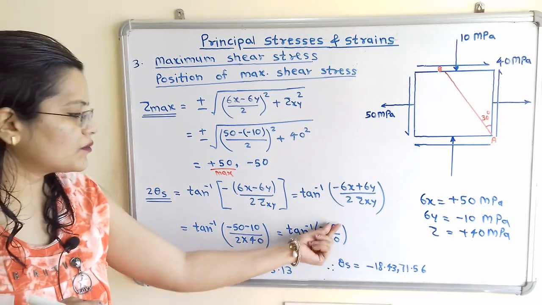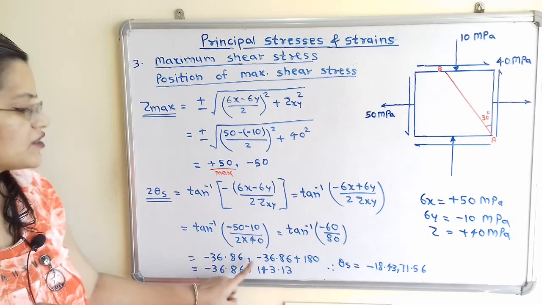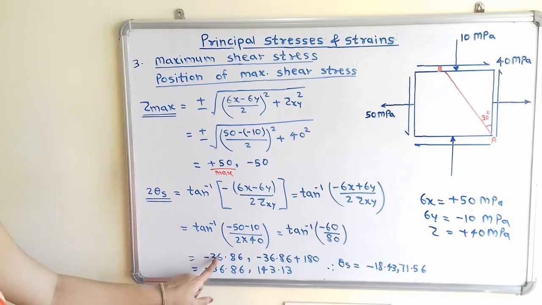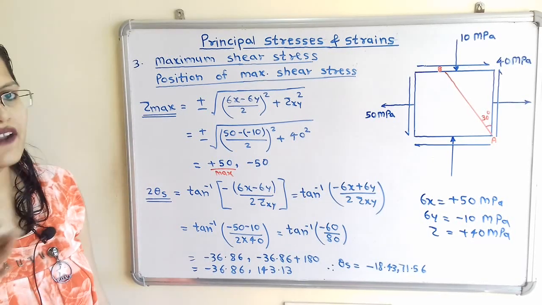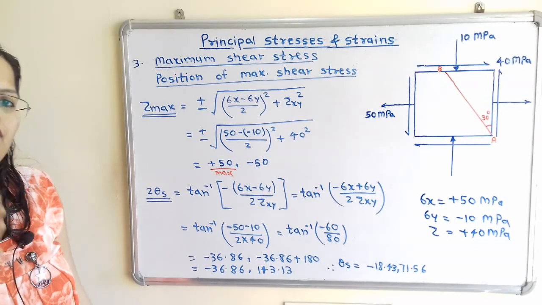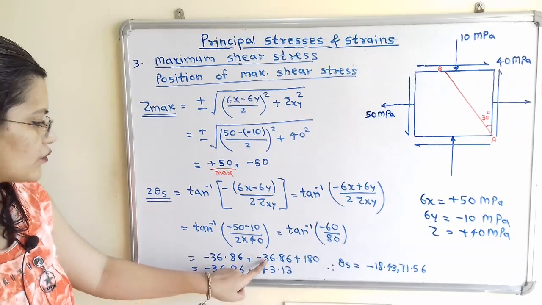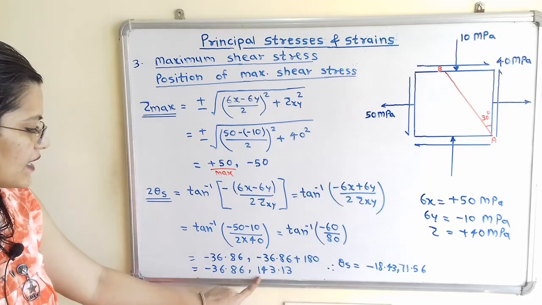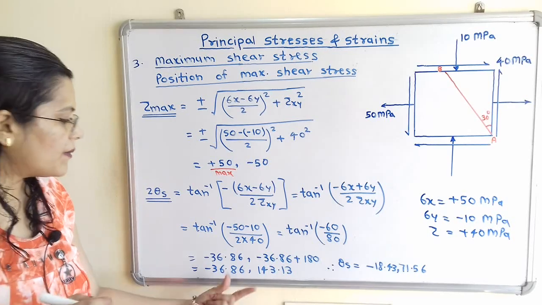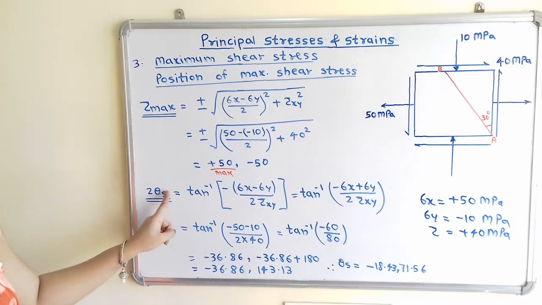So we will take this minus sign outside. So tan inverse of 60 by 80 is 36.86. So here already negative sign is there. So minus 36.86 is the first angle. So how to take the second angle? We have to just add 180. So when we add this 180, we will get the second angle 143.13 degree. But this is the value for 2 theta s.